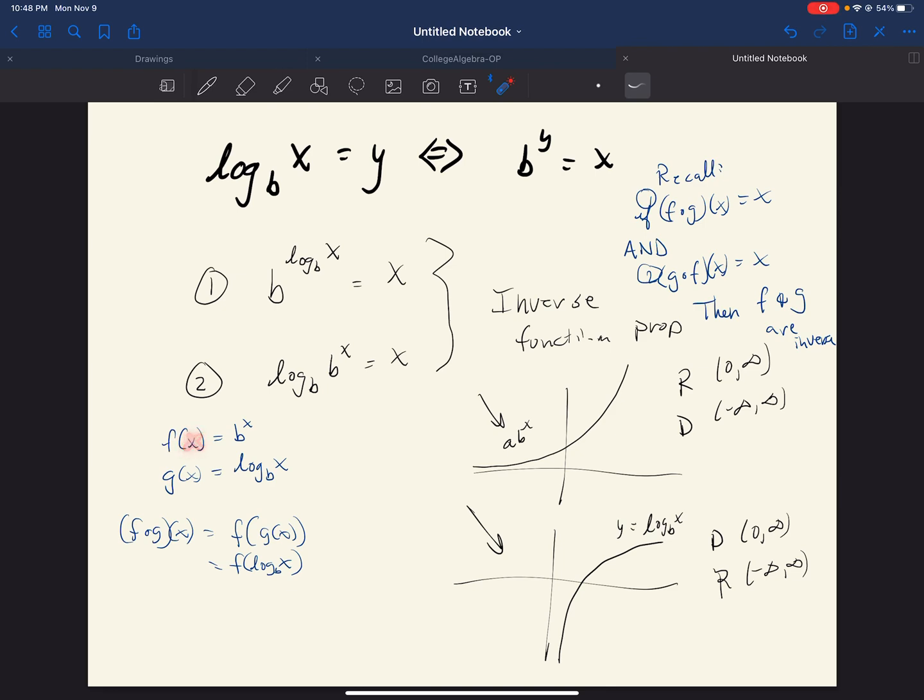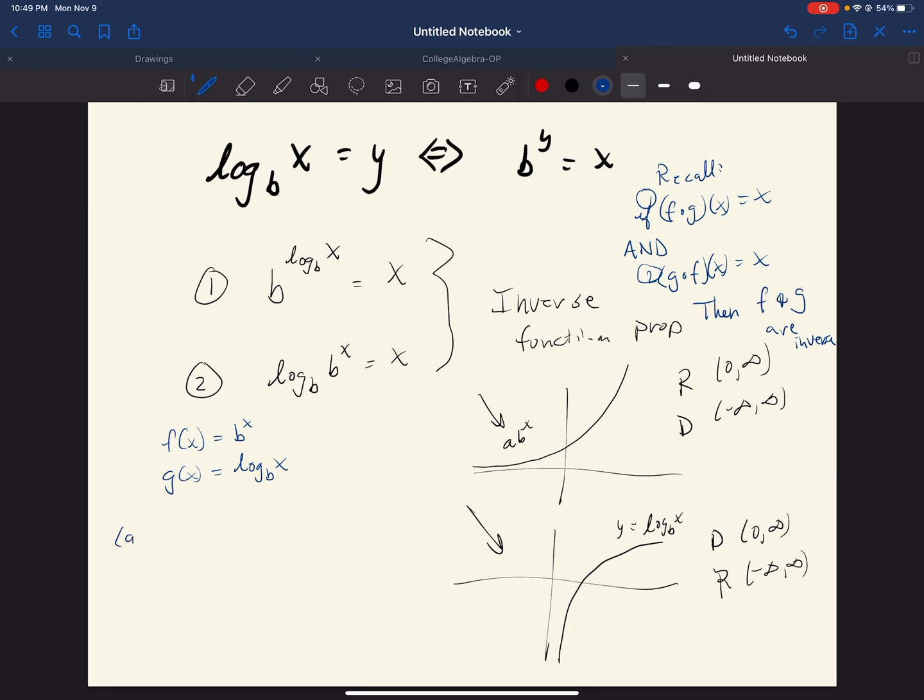So instead of an x there, I now have log base b of x, and so that needs to go up in the power. So this should be b to the log base b of x. And that, my friends, is exactly that first property right there. That equals x. And so we've done half of what we needed to show. I'm going to erase this now, and we're going to check it the other way.